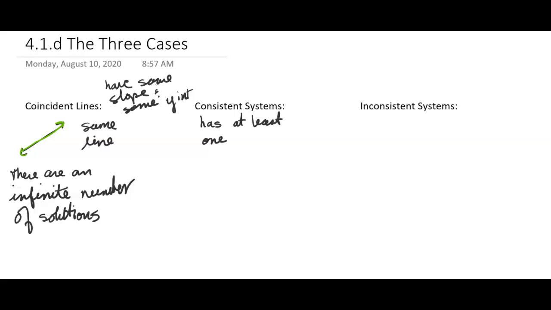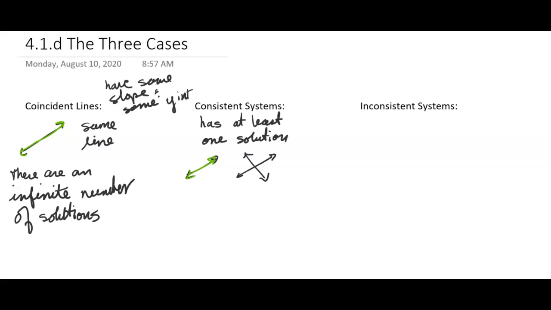A consistent system has at least one solution. So in a picture form, it could be the coincident lines, like we just had, where they're the same line. Or it could be the case where you have lines that are intersecting. Okay, those would both be consistent systems.